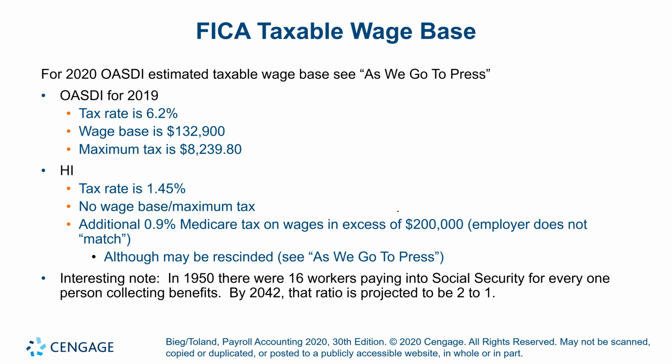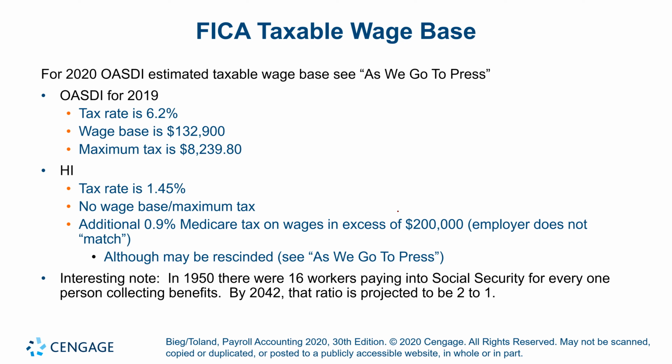And so based on this, 132,900 times 6.2%, that's a maximum Social Security tax in a year of $8,239.80.